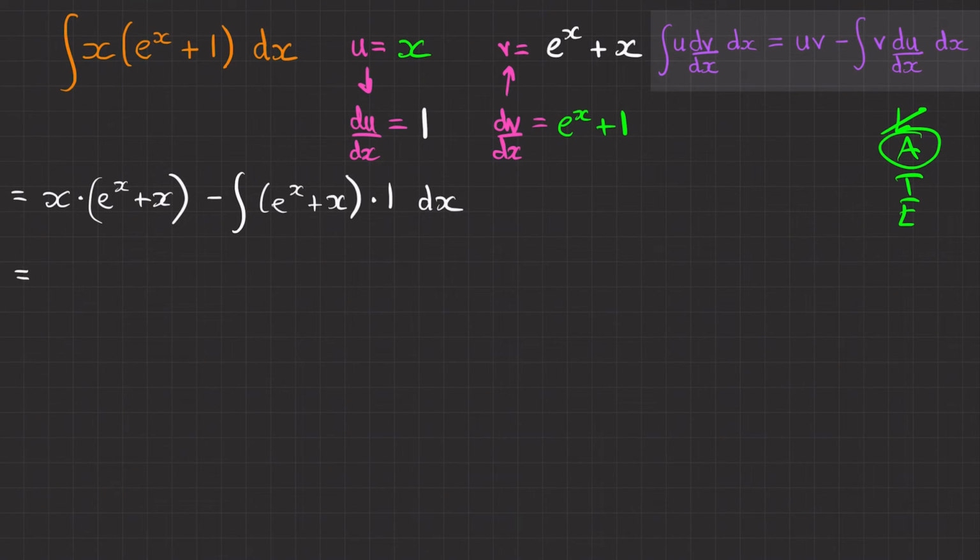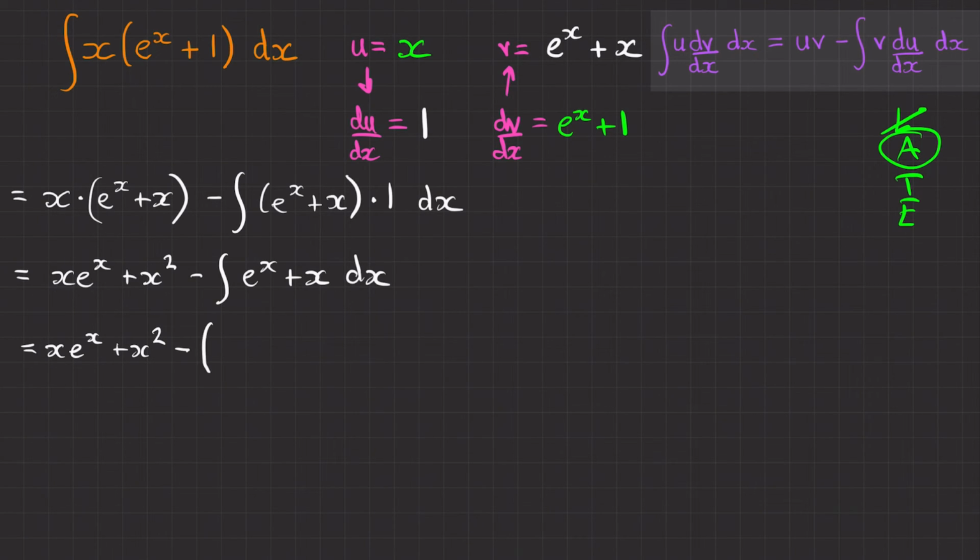We can simplify this to x e to the x plus x squared, minus the integral of e to the x plus x dx, which becomes x e to the x plus x squared, minus, well, the integral of e to the x is e to the x, and the integral of x is x squared over 2.